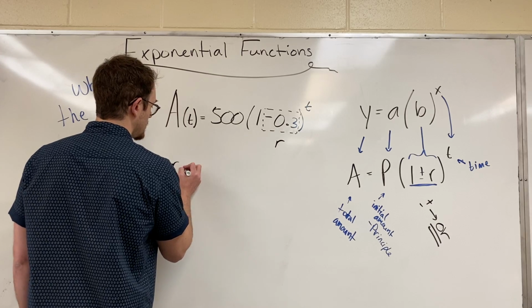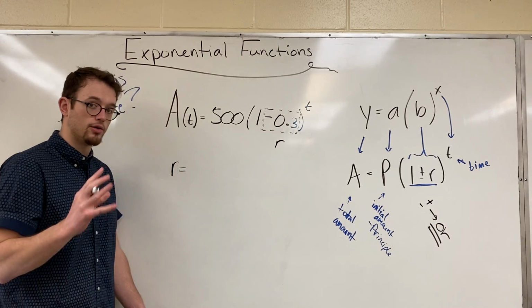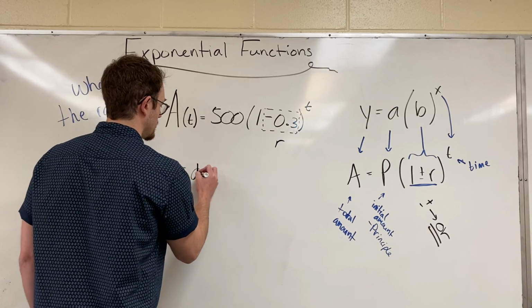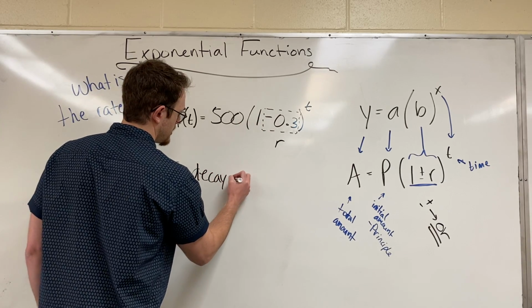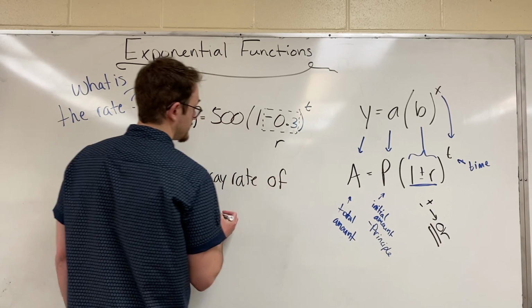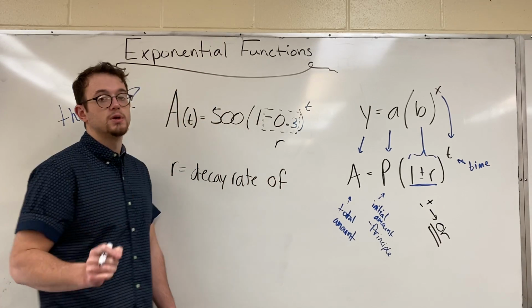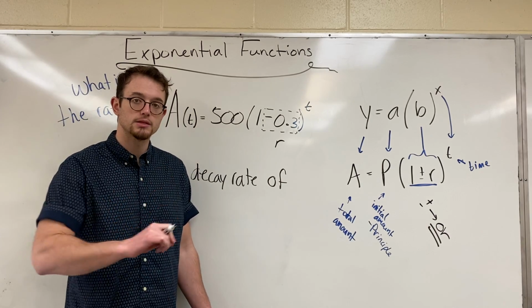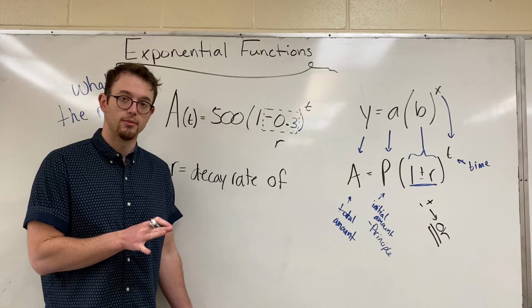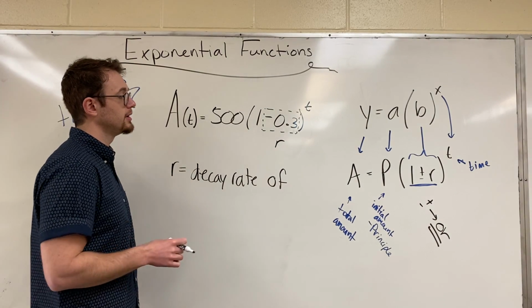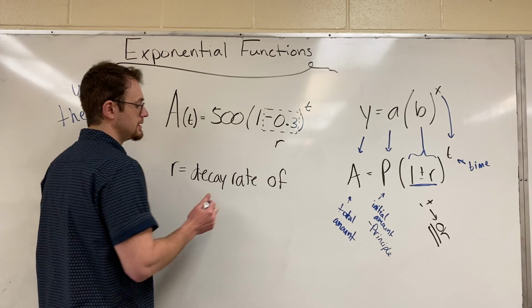So r equals growth or decay. It's minus, so decay rate of, now this is where some students really get tripped up because they're not used to converting decimals to percent. They learned it a long time before, but they haven't used it too often. 0.3 is 30%.